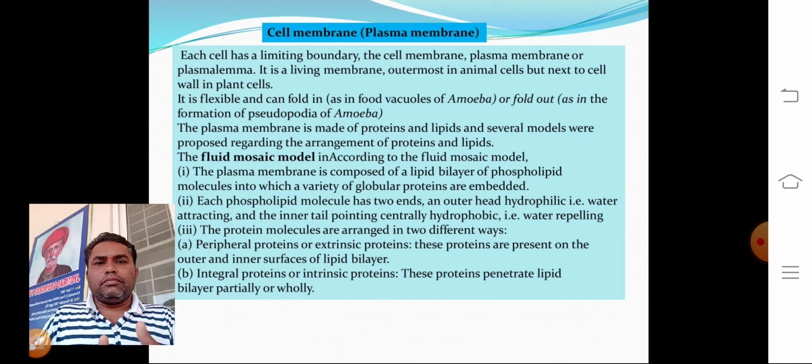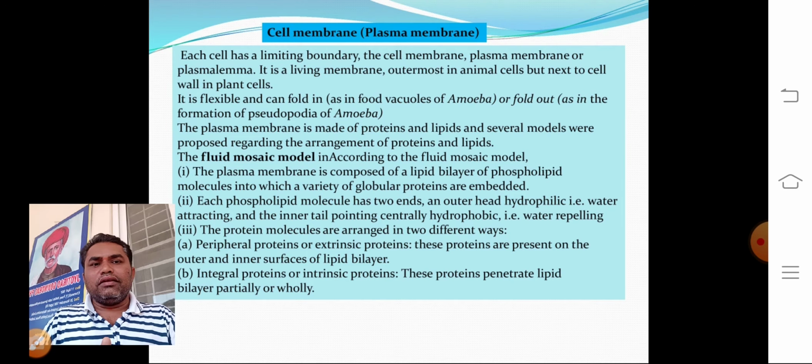Each phospholipid molecule in the bilipid layer of the plasma membrane has two ends. An outer head is called hydrophilic, and it attracts water.